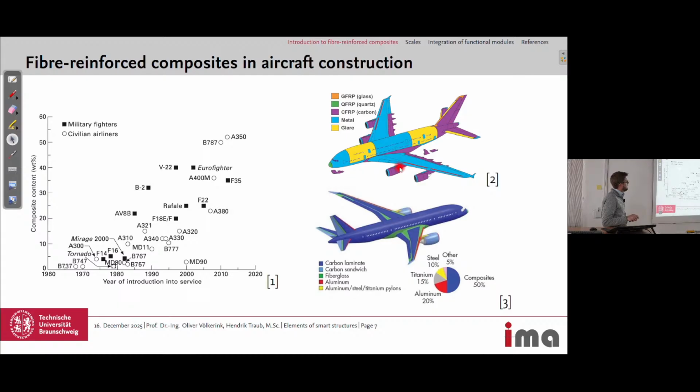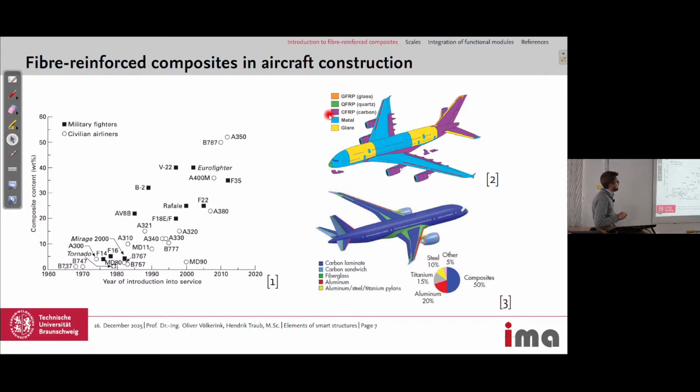As an example, we have here the Airbus A380, which is not in production any longer, but in different colors it is coded from which materials the parts are made. So the blue structures are made from metals. The orange ones are made from GFRP, so glass fiber reinforced plastics.